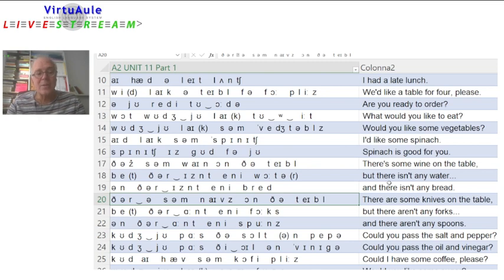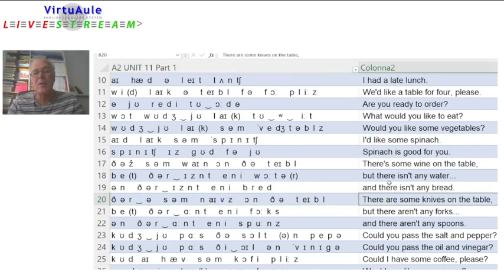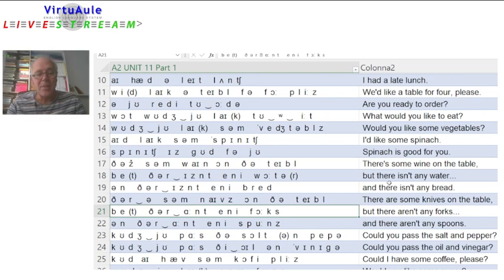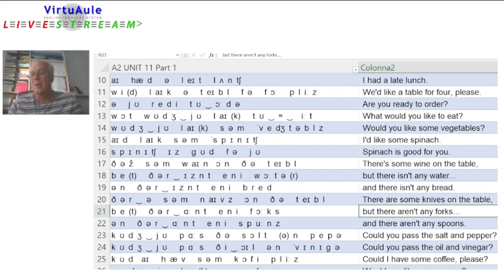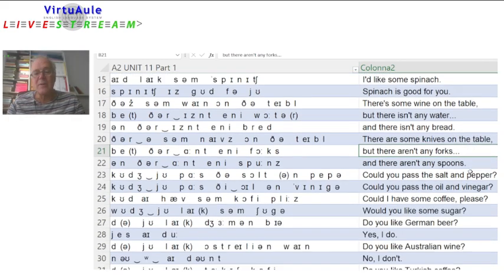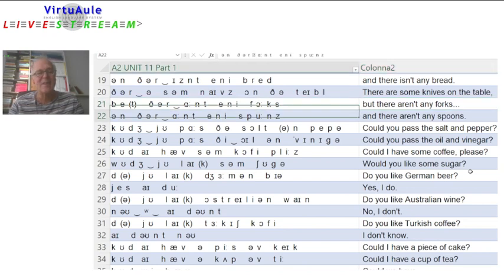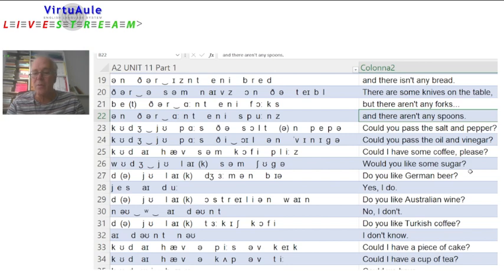There are some knives on the table. But there aren't any forks. And there aren't any spoons.